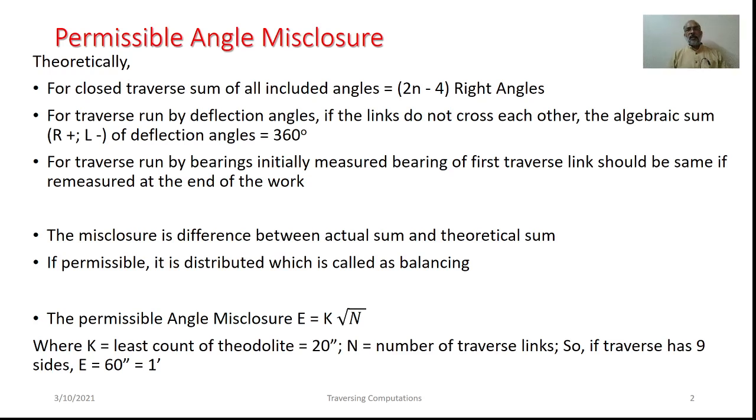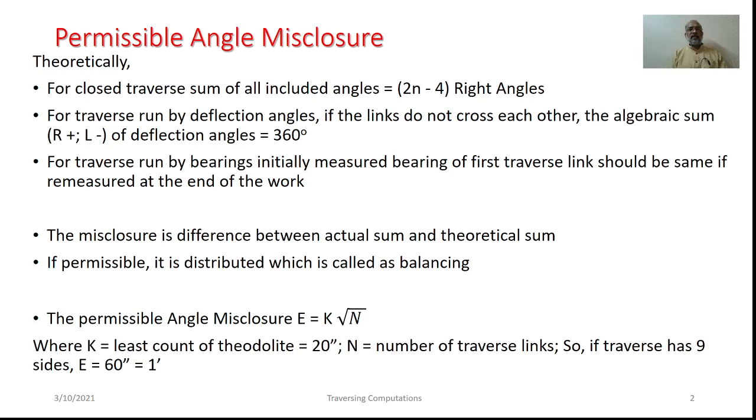If the traverse is run by deflection angles and if the links, that is the sides of the traverse, are not crossing each other, the algebraic sum of all the deflection angles should be equal to 360 degrees. Here, angles towards right we treat as positive, whereas angles towards left we treat as negative.